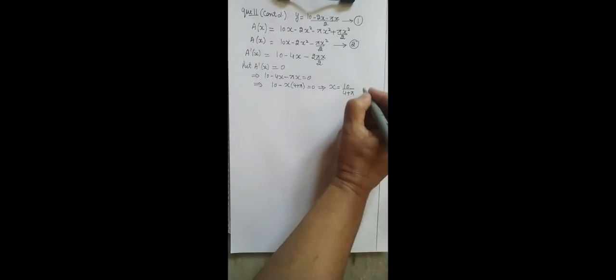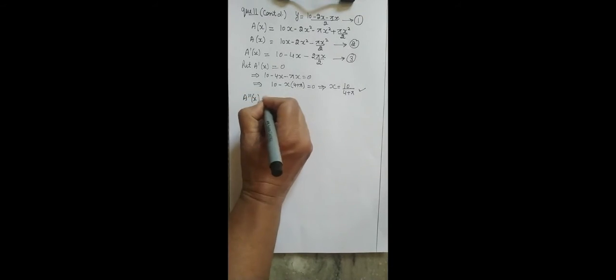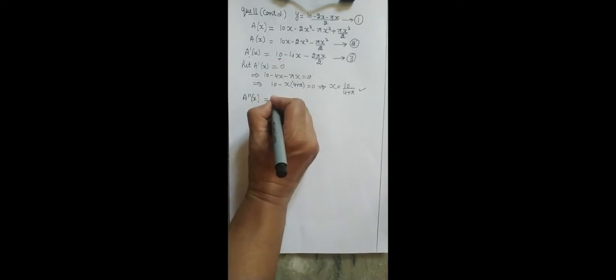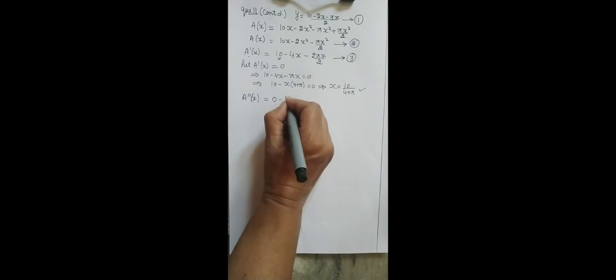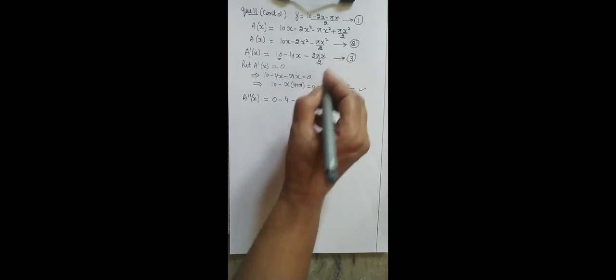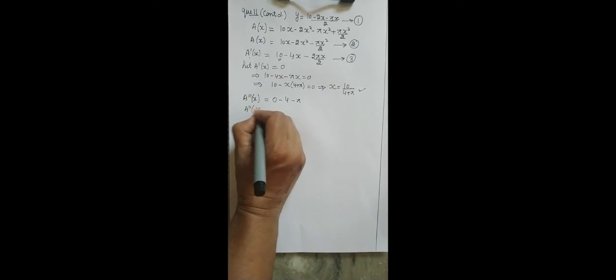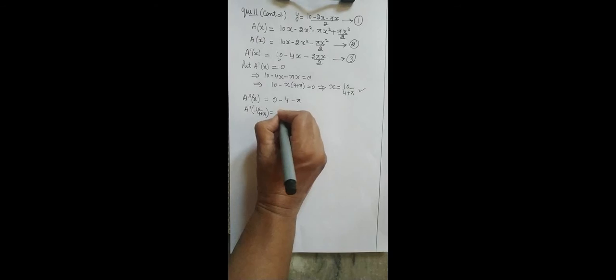So now I have to check whether this value of x is giving me maximum area or not. For this I will differentiate again with respect to x. So what will be the double derivative? Double derivative will be, derivative of 10 is 0, derivative of minus 4x is minus 4, and here 2 by 2 is 1, so derivative of pi x is pi. So that means double derivative at the point 10 upon 4 plus pi will be minus 4 minus pi, because there is no variable in this expression.